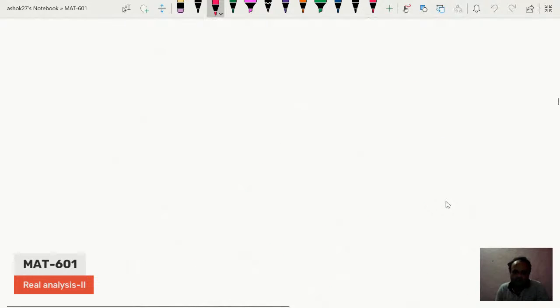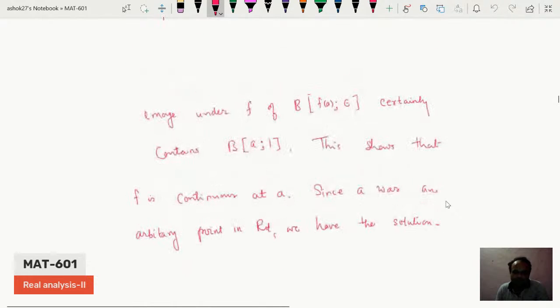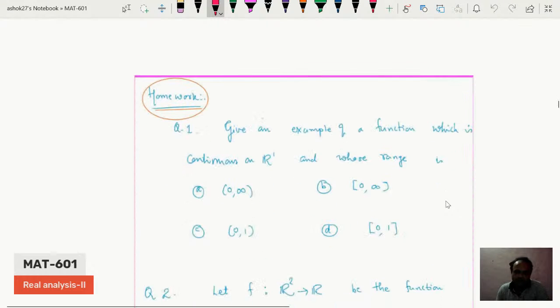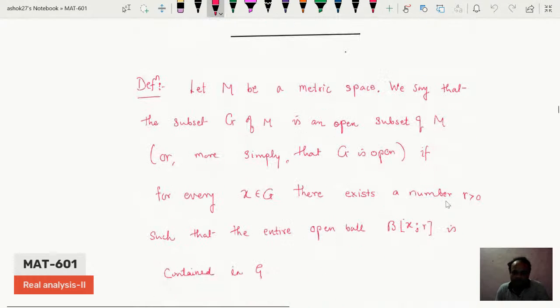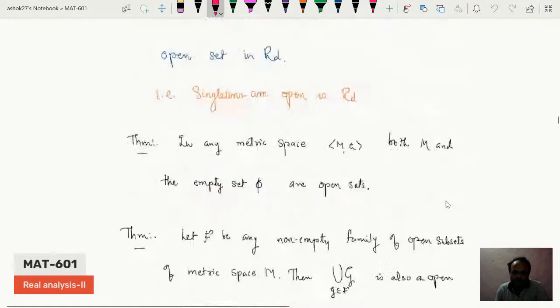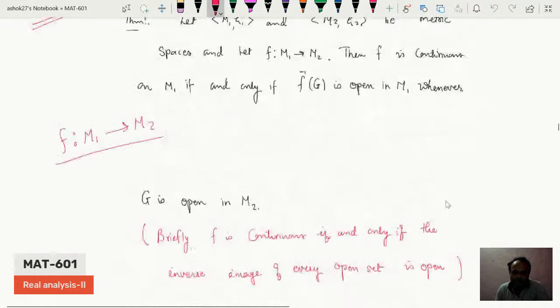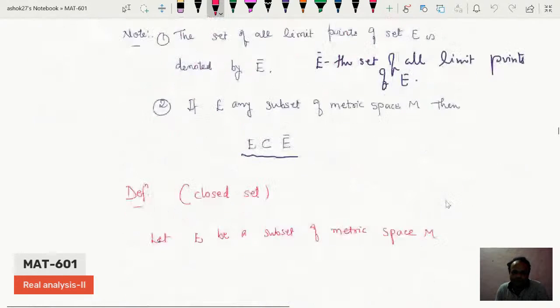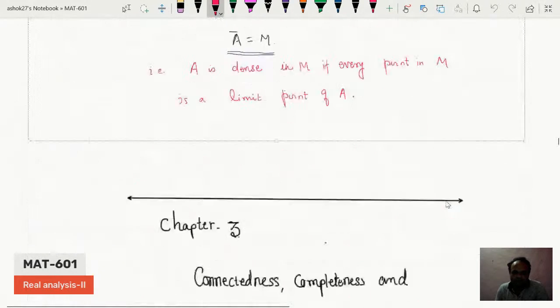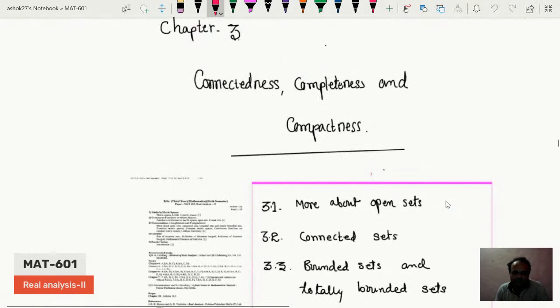So in this lecture, we'll start the next chapter, that is chapter number 3: compactness, completeness, and connectedness. This is the main chapter of this course.